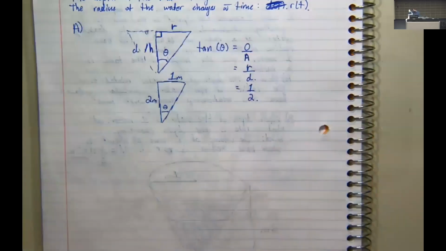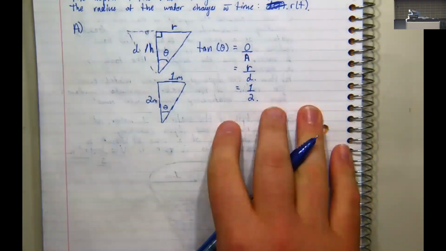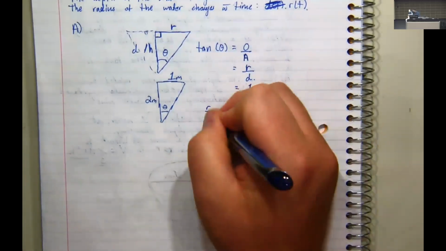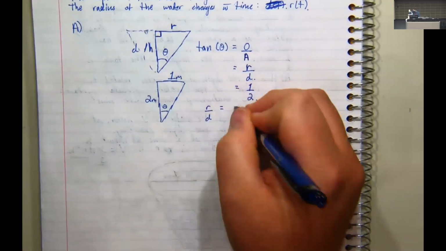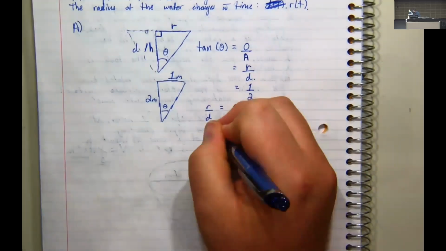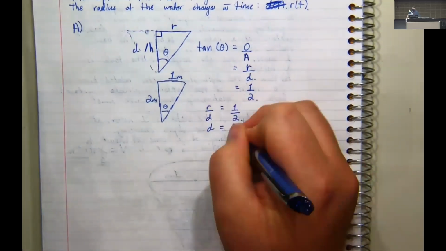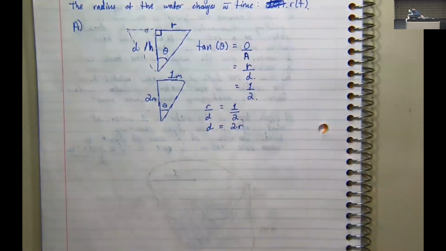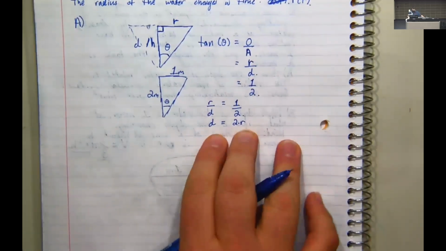So that means throughout the entire time, our radius over our depth is equal to 1 over 2. And we can rearrange this. That means the depth is equal to 2 times the radius. So this is our relationship between depth and radius.